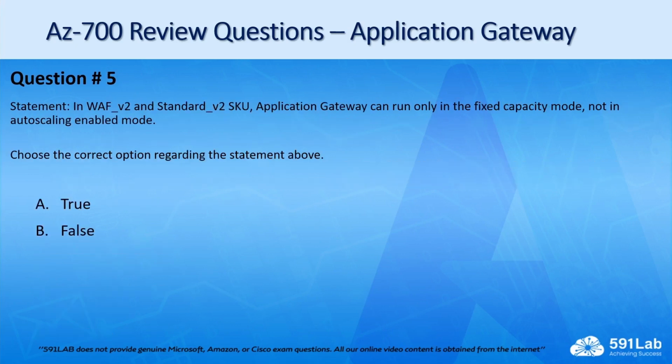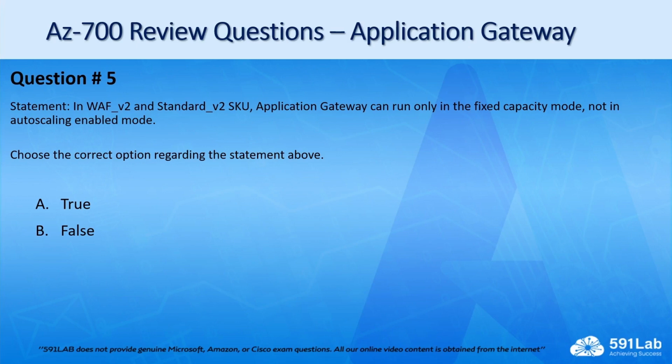Okay. In this question, we have a statement. In WAF v2 and standard v2, application gateway can run only in fixed capacity mode, not in auto scaling enabled mode. Okay, that's pretty easy to answer because WAF v2 and standard v2 is providing us auto scaling.